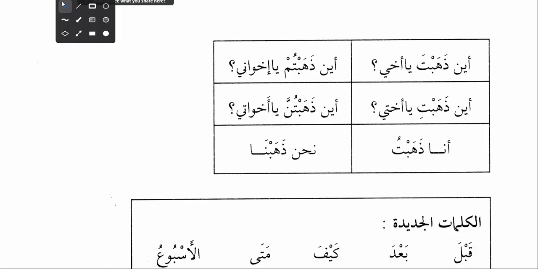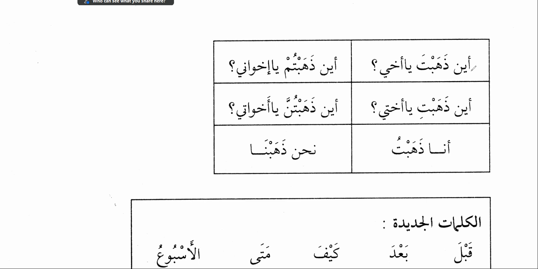Now here in this table you can see two types of sentences. One is for male, the other is for plural. Male singular sentence and male plural sentences, and the other is for feminine singular sentence and feminine plural sentence, and then this is for singular for متكلم.